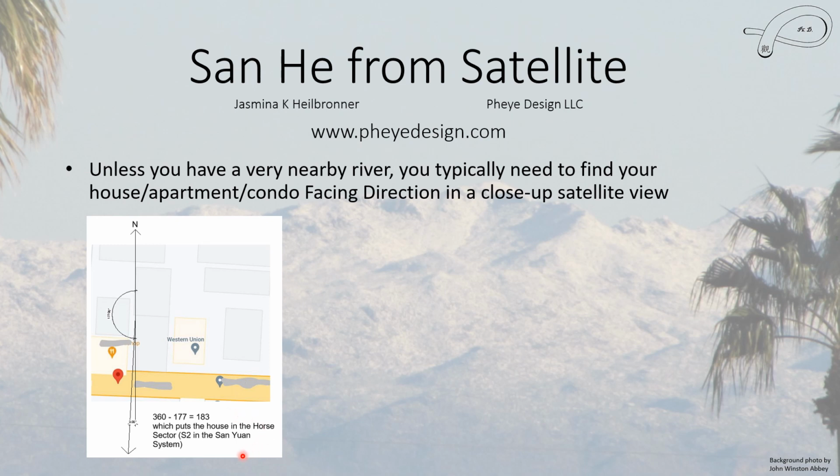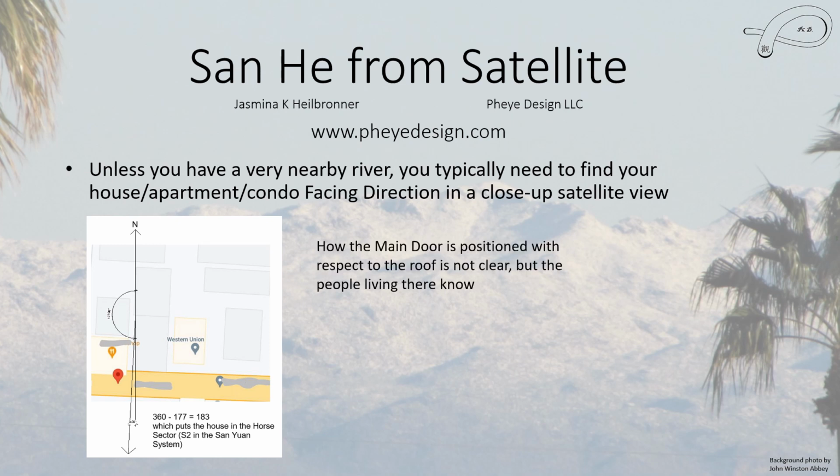Now, this happens to be in South 2 in the San Yuan system, and in the San He system, this will be in the horse because it's facing south. Now, that's not the real key, but this is one of the steps we have to do to find this direction.